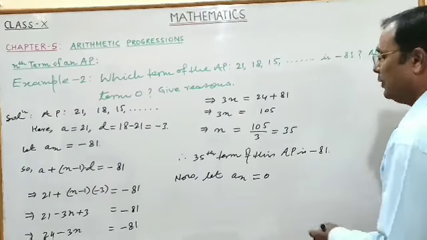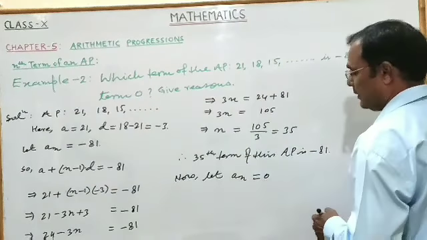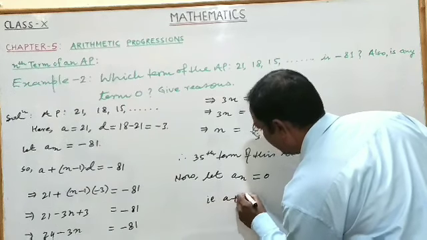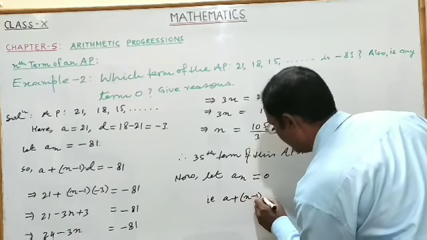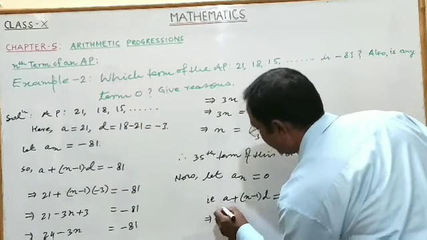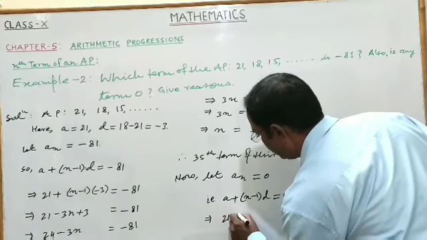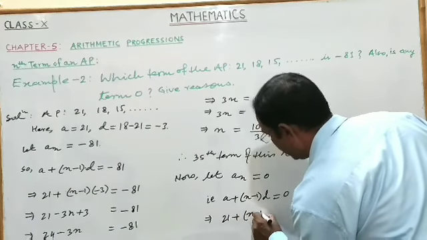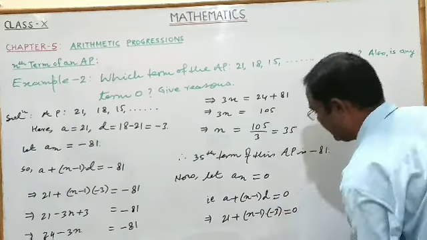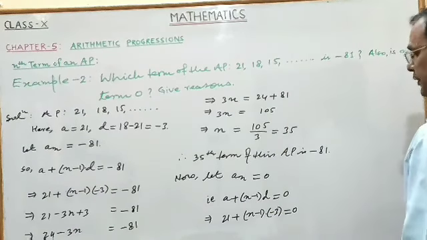So let us solve this equation. A plus n minus 1 into d equal to 0. First term a is 21 plus n minus 1 into d, which is minus 3, that is equal to 0.